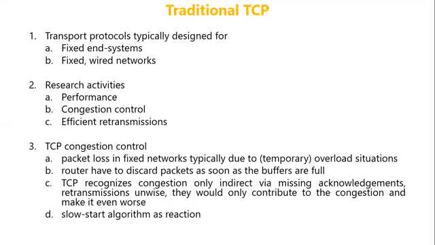Whenever there is a packet loss, the receiver notices a gap. Now the receiver will not directly tell the sender that the packet is missing, but it continues to acknowledge all in-sequence packets up to the missing one. So the sender will notice the missing acknowledgement of the lost packet and assumes there is a packet loss due to congestion. This is how traditional TCP works.